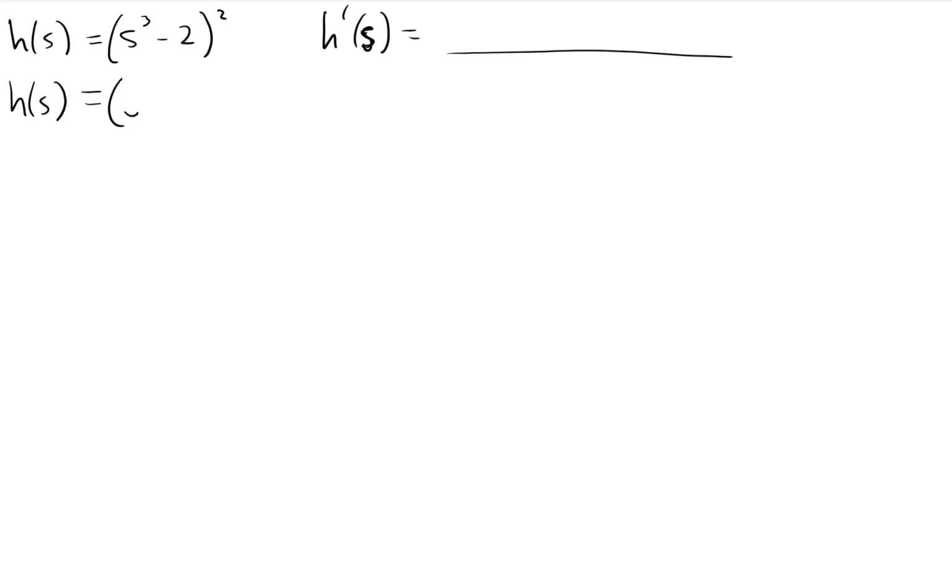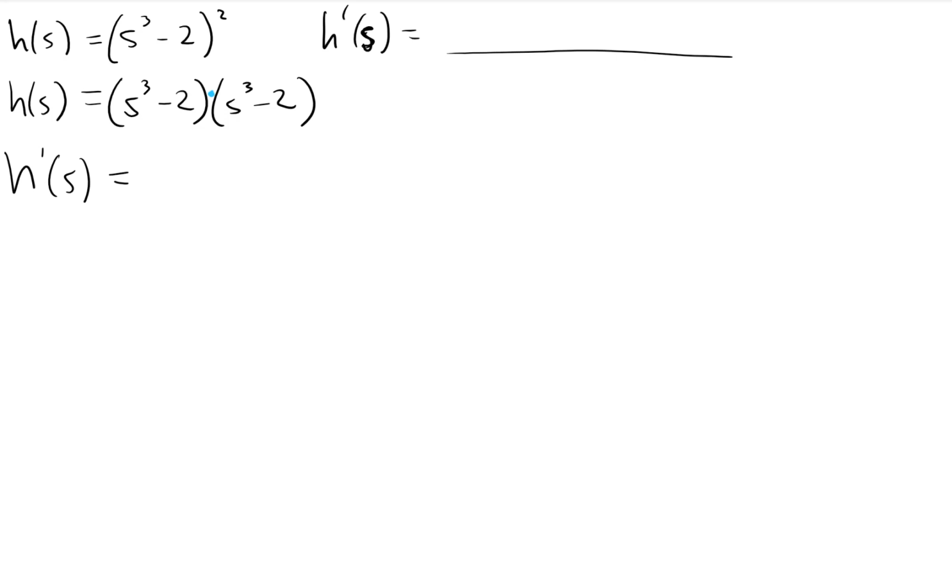Since this is squared, that's like s cubed minus 2 times itself twice. And the reason why this might be helpful is now I can think of this using the product rule. Something times something.